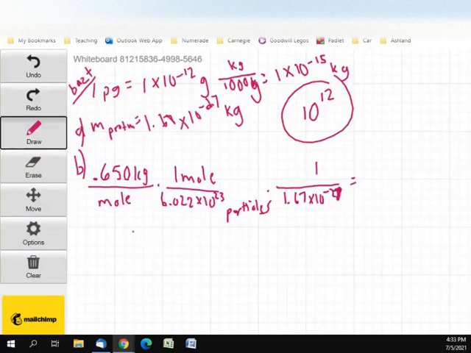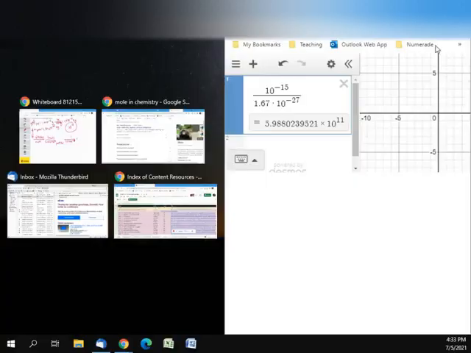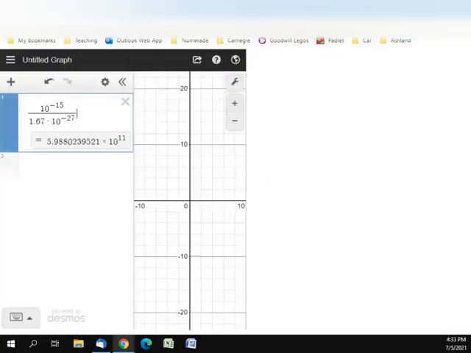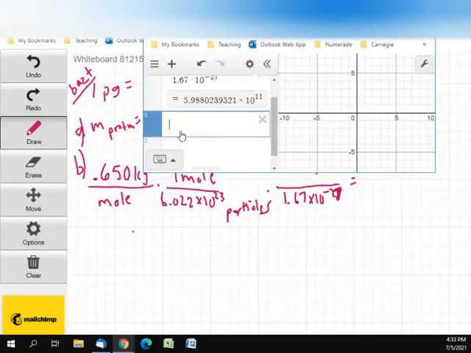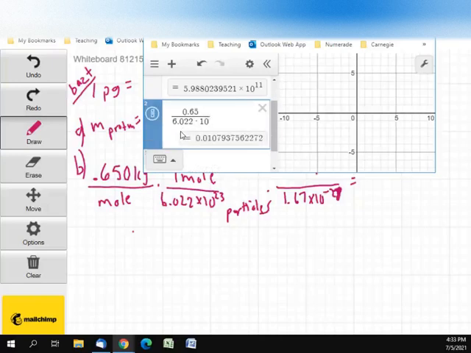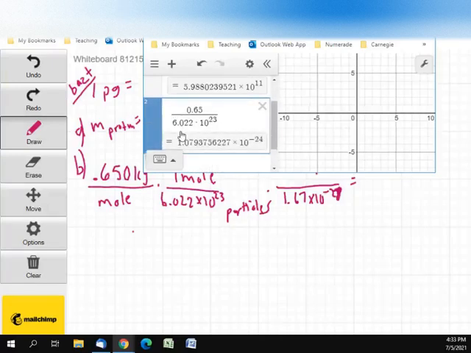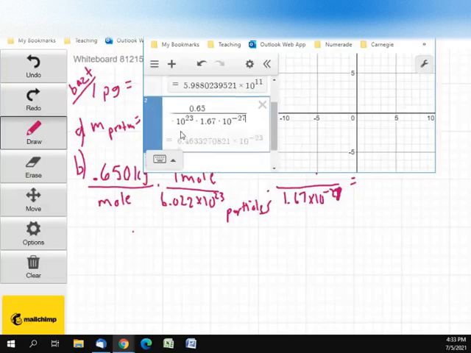Okay, let's put that into a calculator. So, okay, we've got 0.65 divided by 6.022 times 10 to the 23rd power, 1.67 times 10 to the negative 27th power.